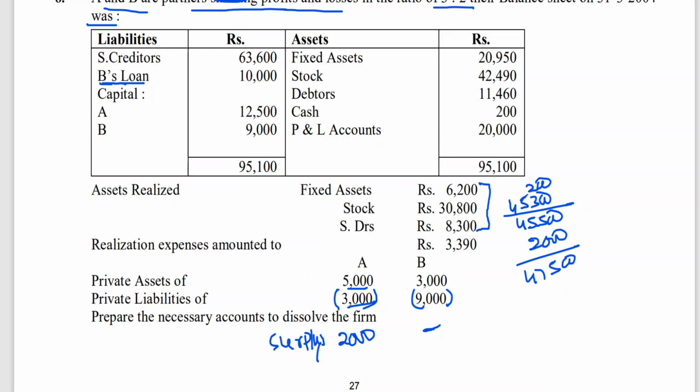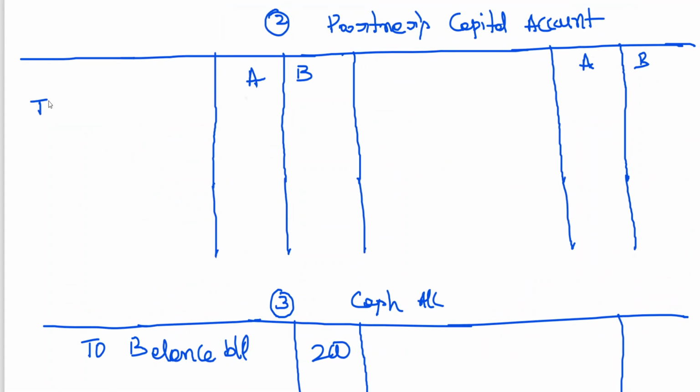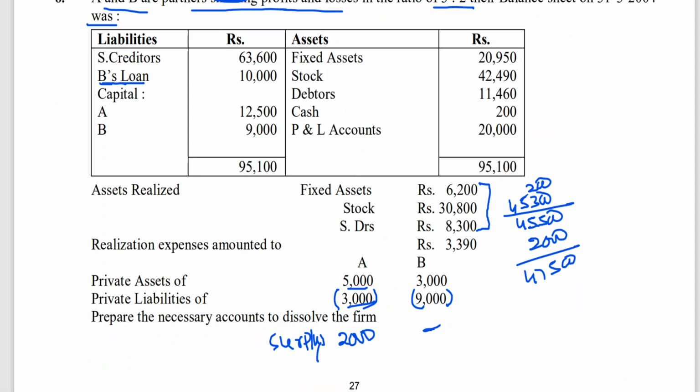It will be transferred to all partners capital account according to their profit sharing ratio 3:2. 20,000 will be transferred according to their profit sharing ratio. It is coming to 12,000 and 8,000. Undistributed loss.